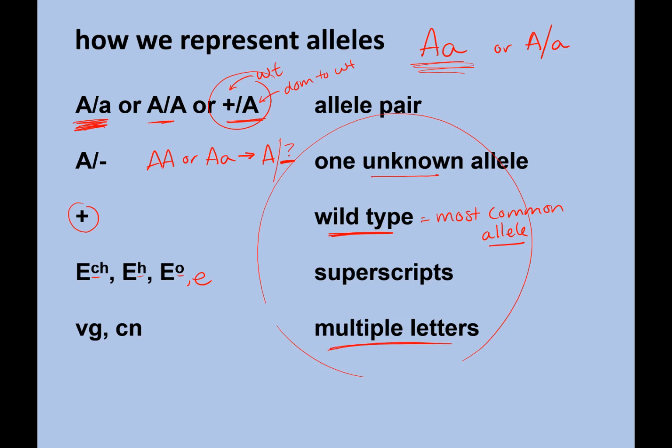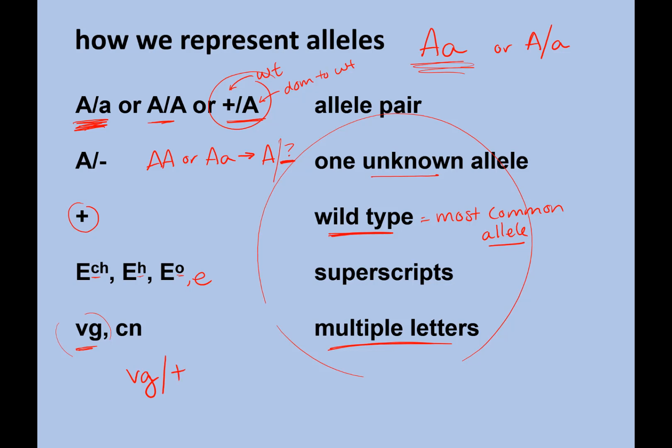You will also sometimes see multiple letters. So instead of just using a V for vestigial wings or C for cinnabar coloring, they'll use a couple letters. And you can now see where the slash would be really helpful.